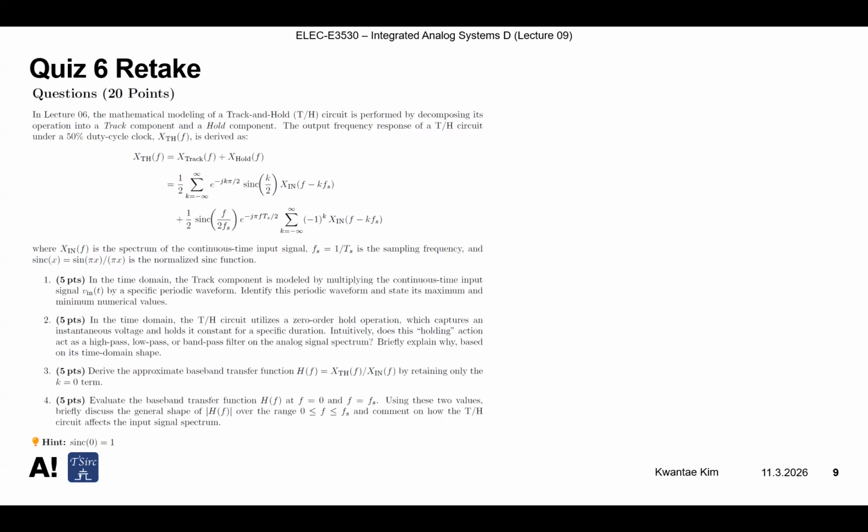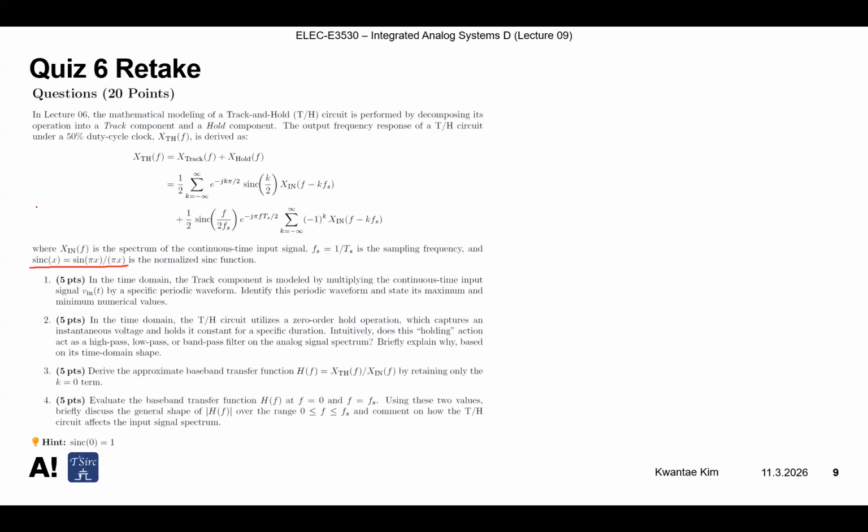Here X_in(f) is the spectrum of the continuous-time input signal, Fs is the sampling frequency, and the sinc function is defined in the engineering field. We mostly use this format: sinc(x) is sin(pi x) over pi x.